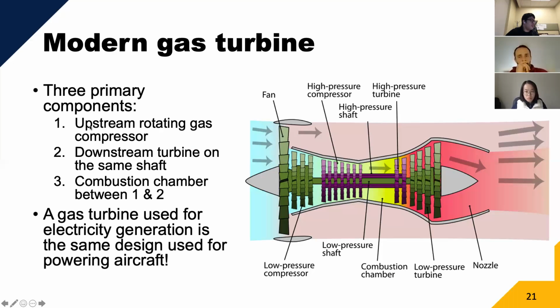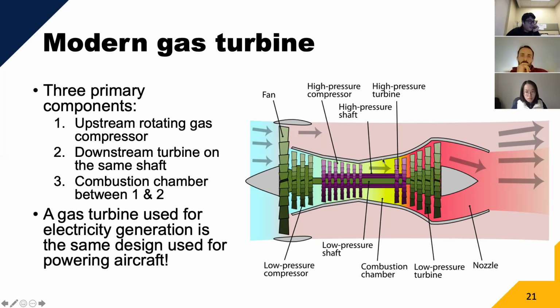So you have an upstream gas compressor. And so this front part here is a compressor that basically sucks in air and pressurizes it so that you can have an airstream going through. And the whole turbine is operating on the same shaft.